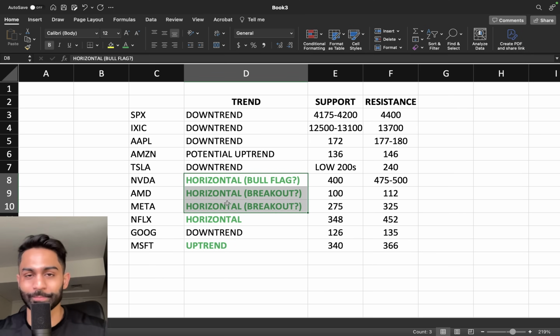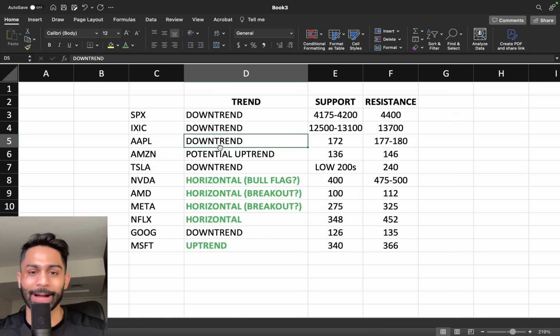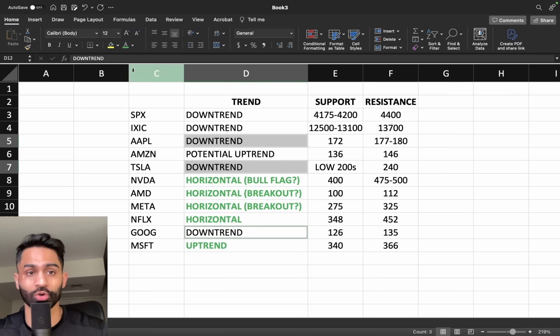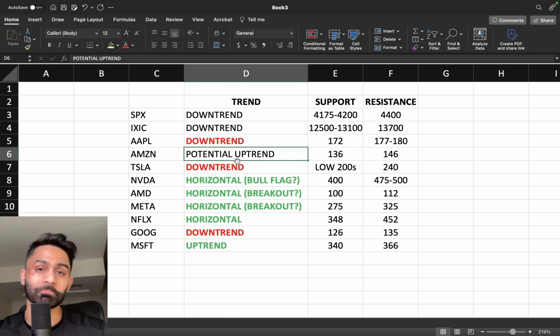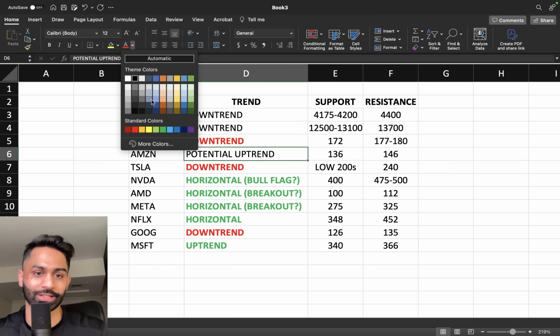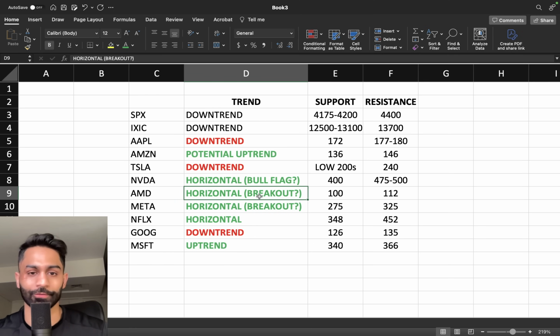NVIDIA, AMD, Meta are very much in a consolidation pattern, trading in a range-bound pattern here with a horizontal high and horizontal low, but there is potential for bull flag breakouts and just regular breakouts. But of course, we do have Apple, Tesla, and Google in a little bit of a downtrend right now as well, with Amazon possibly making a bit of an uptrend and joining Microsoft in the ranks of that overall uptrend.